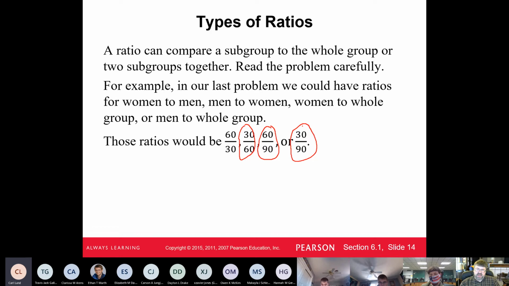We have a ratio at Iowa State of freshman students to the overall student body. We could also have a ratio of juniors to the overall student body. Or we could have a ratio of freshmen to juniors, or sophomores to seniors, or sophomores to freshmen. We could have a ratio of really any two things, any two subgroups, or a ratio comparing a subgroup to the entire group.